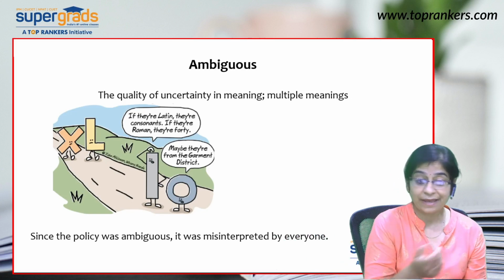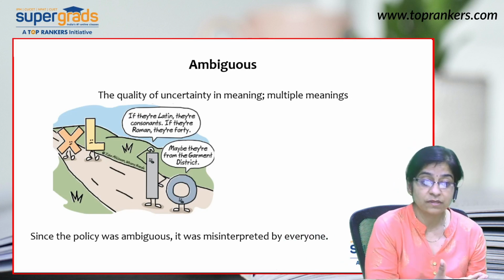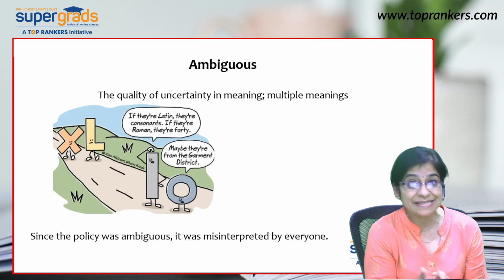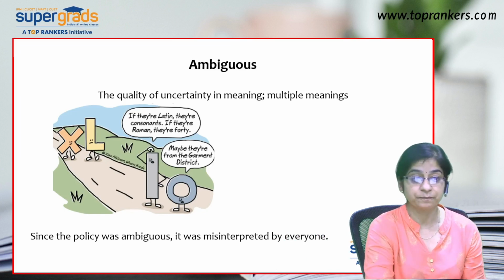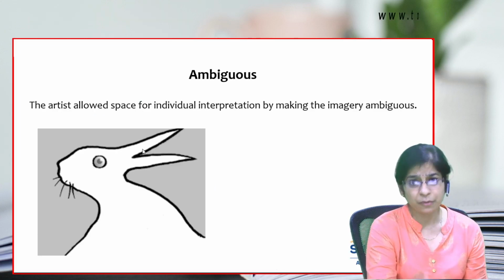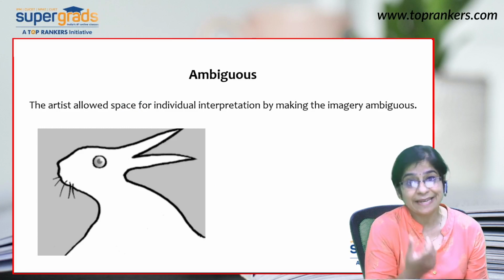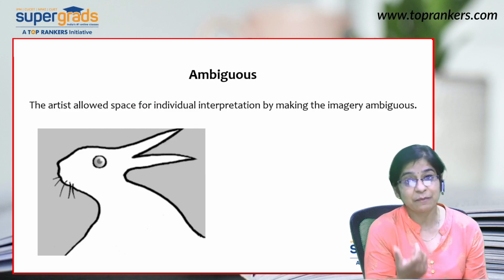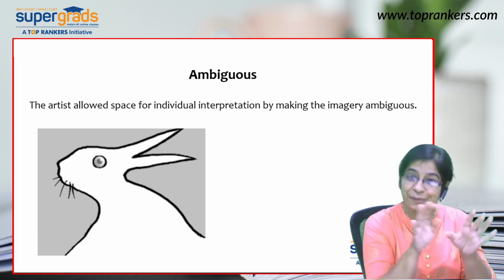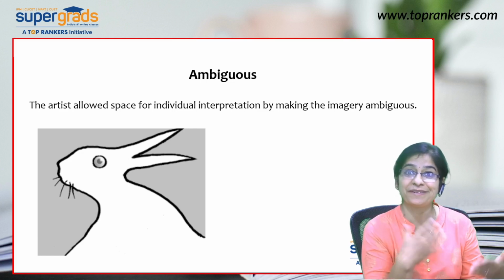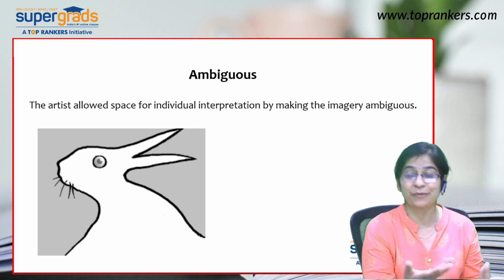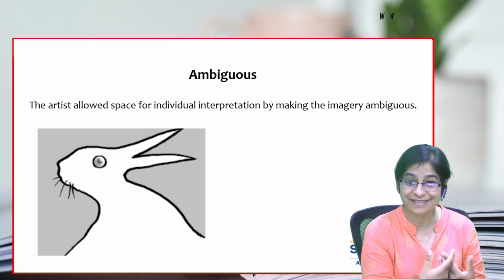So, to look at an example, since the policy was ambiguous, it was misinterpreted by everyone. Maybe there could be another example. The artist allowed space for individual interpretation by making the imagery ambiguous. So he purposely left it ambiguous for the audience to decide how they wanted to interpret it.